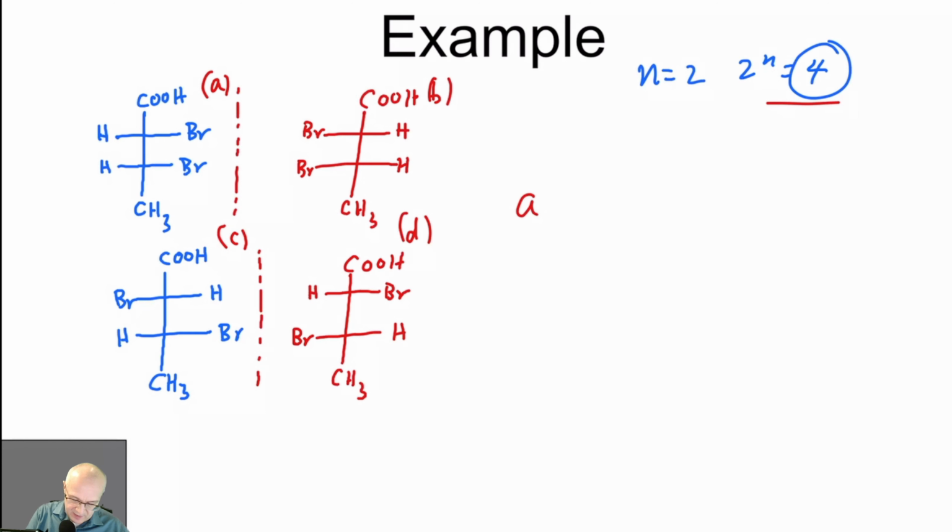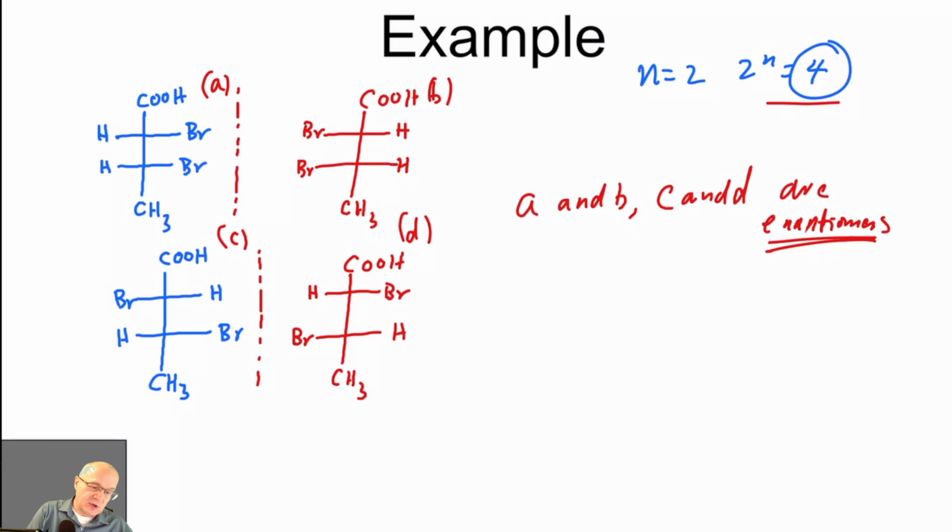So A and B, comma, C and D are enantiomers. So A is an enantiomer to B, B is an enantiomer to A, C is an enantiomer to D, D is an enantiomer to C. Just like that. Those are enantiomers.